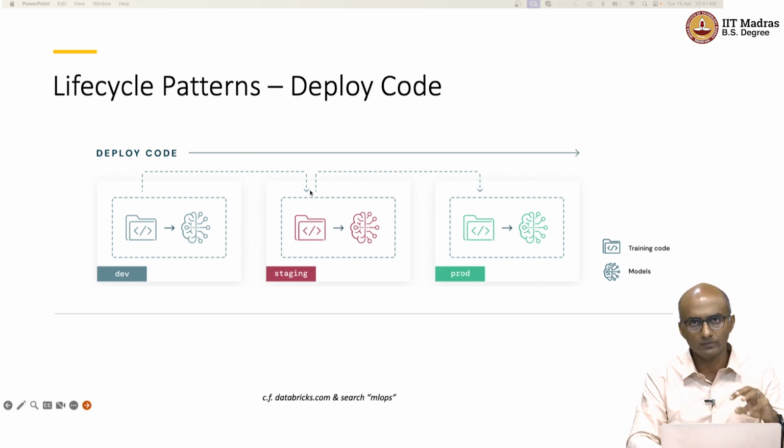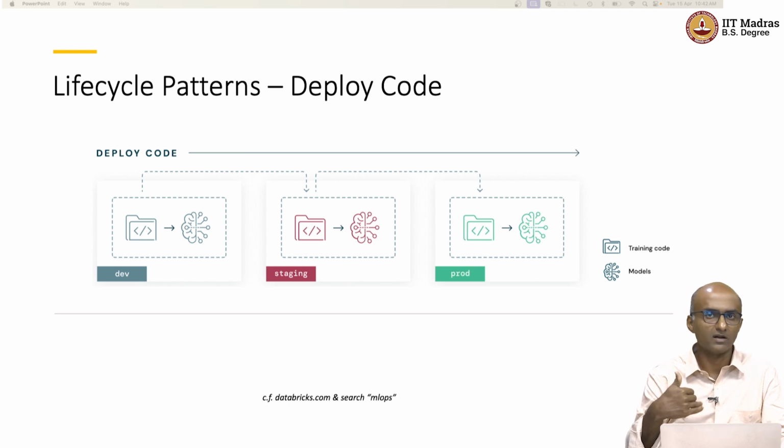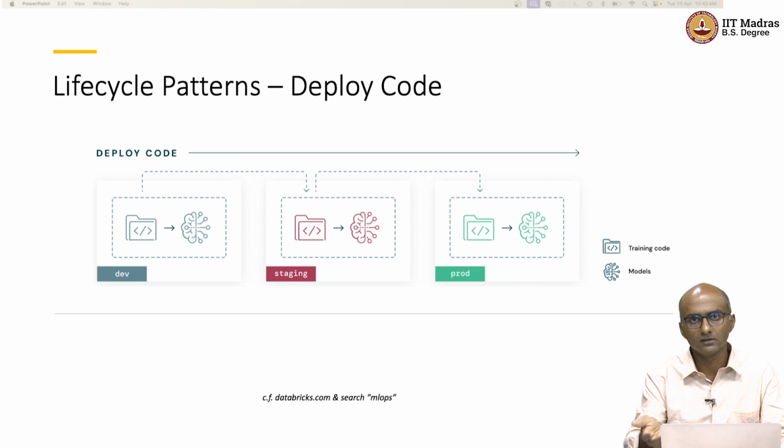So the input data should be configurable. Everything else, which means the environment of the execution, the training steps, the production of the output artifacts, which is the model as well as the associated matrices for accuracy, loss, etc., all of that is automated. All of that is done without any human involvement. That's the expectation for this kind of a lifecycle pattern to work.